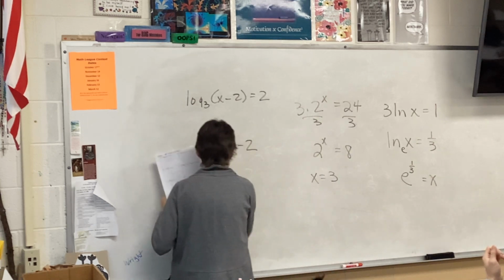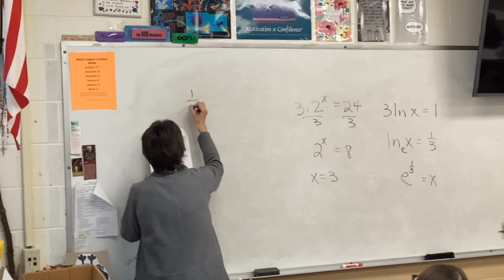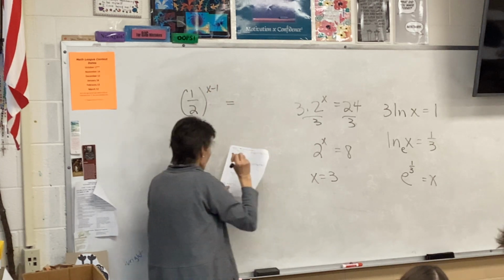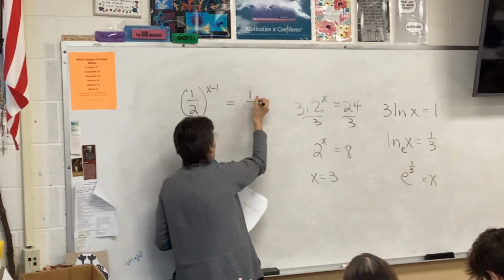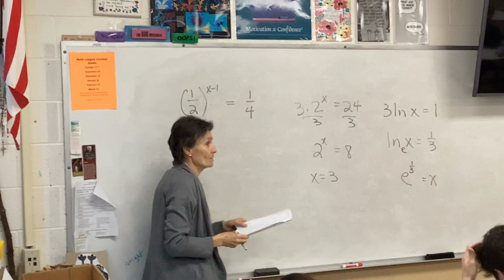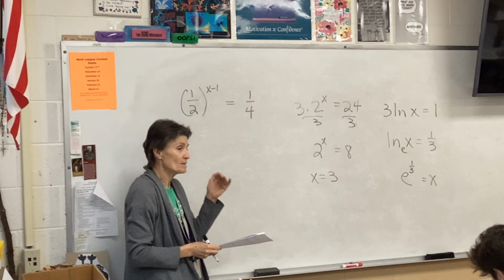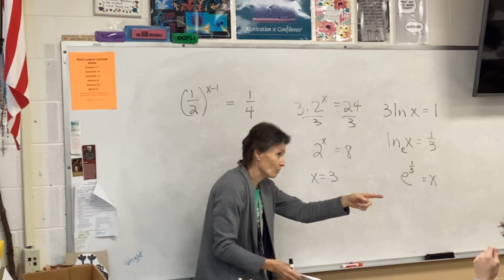All right, what about D? D would be divide by 36. So 1/2 to the x minus 1. Okay, what's 9 divided by 36? 1/4. Oh my gosh, the stars are aligned. Because what is 1/4? 1/2 times 1/2, right?